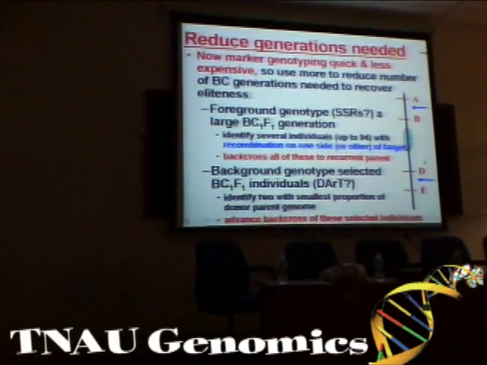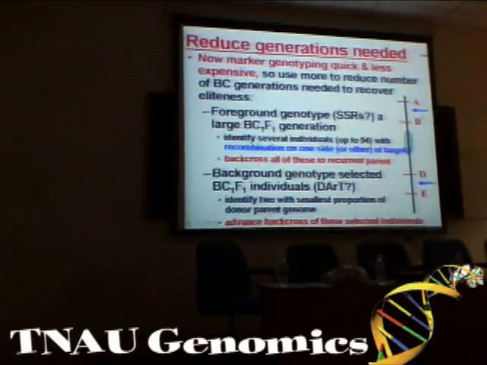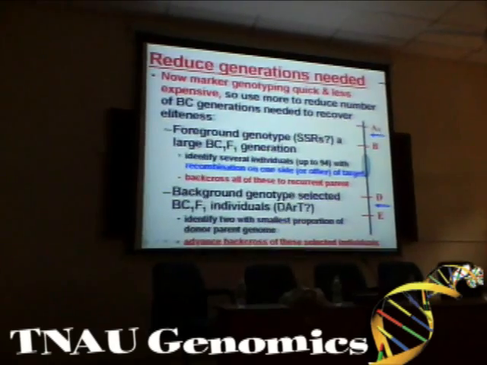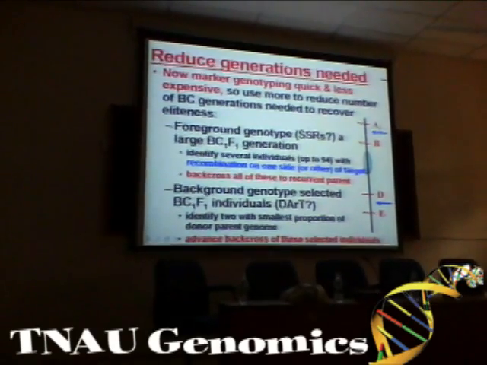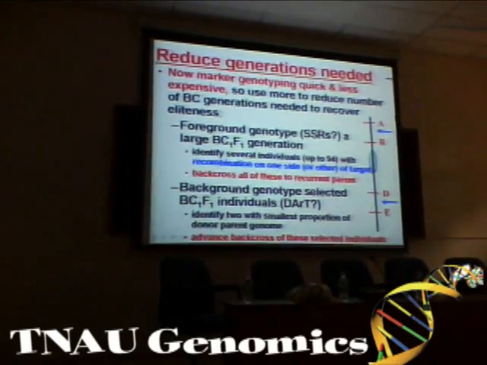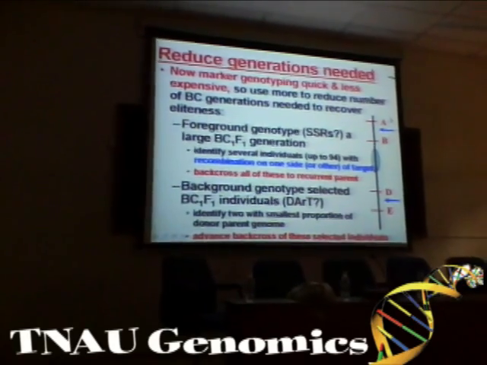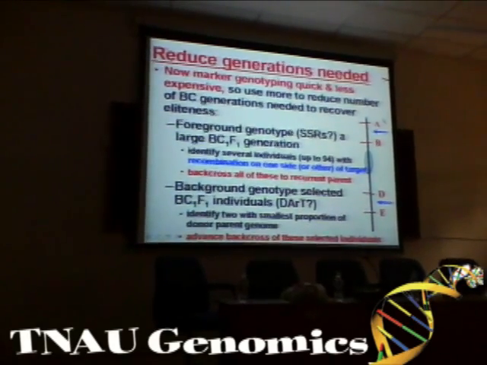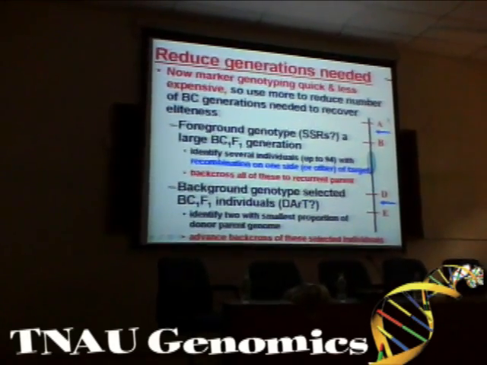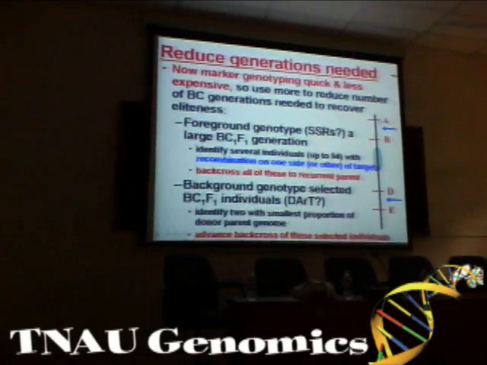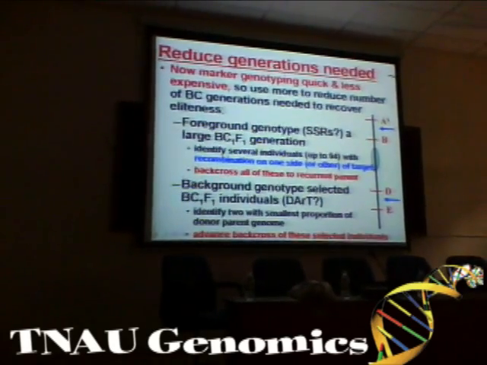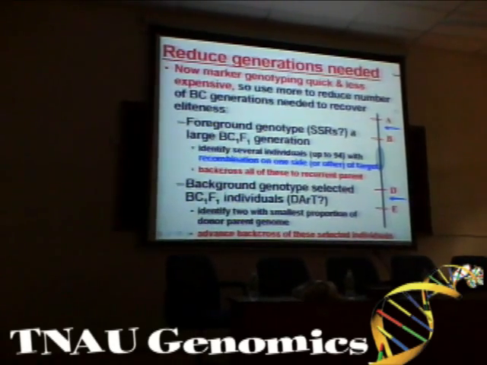We then repeat the exercise by advancing 2 or 3 individuals to the backcross 2 F1 generation, repeating it on the progeny from 2 or 3 of the selected individuals in the backcross 1. And in doing that, you then recover the recombination on the other side.